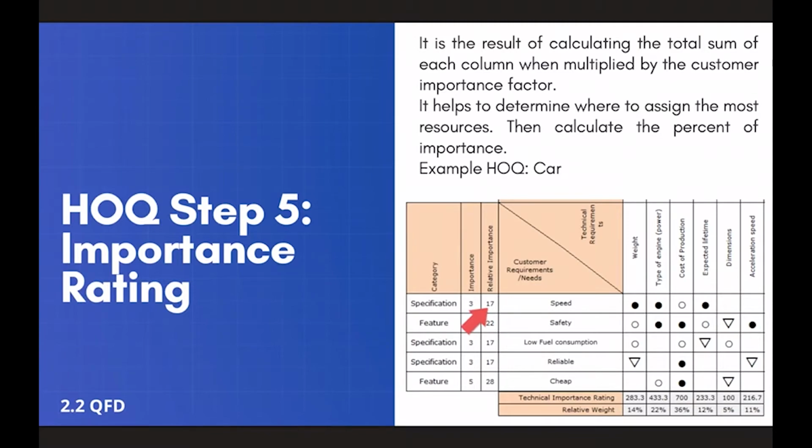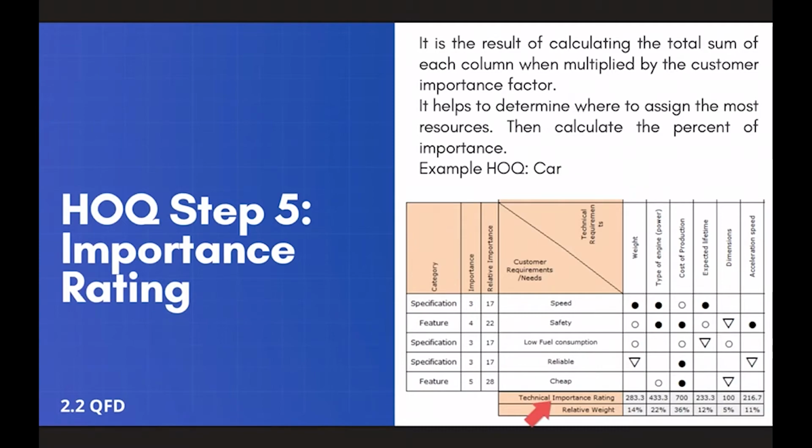So you will get around 16 point something, so we round it to 17%. For 4, if we calculate, the relative importance is 22, and then 3 will give around 17, and then 3 is 17, and of course for importance value of 5, it will show the highest relative importance, which is 28. Okay.